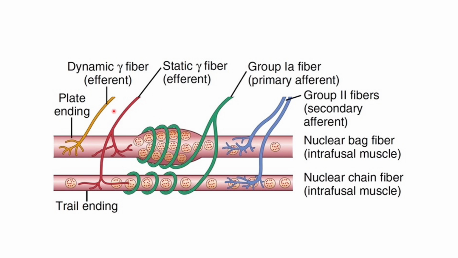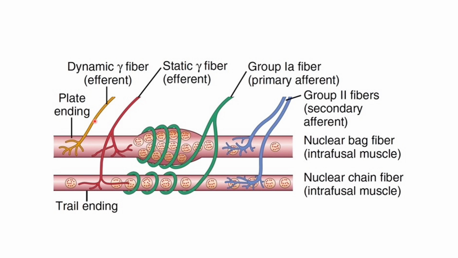So the motor fiber, because we said on the peripheral part there are actin and myosin, there is motor innervation to them, either static or dynamic gamma fibers.